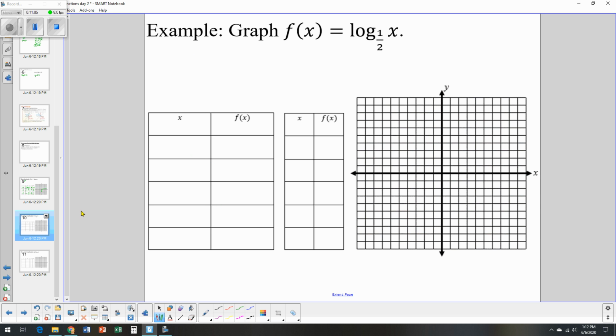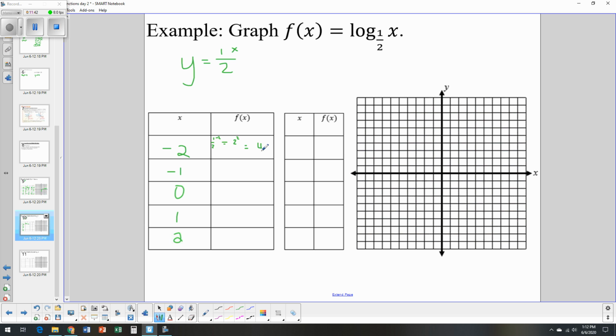So now I have f of x equals log base 1/2 of x. So that means my inverse is 1/2 to the x power. I'm still going to do negative 2, negative 1, 0, 1, 2. So 1/2 to the negative 2 power is the same as saying 1 to the negative 2 over 2 to the negative 2, or I could flip it and say it's really 2 to the positive 2.